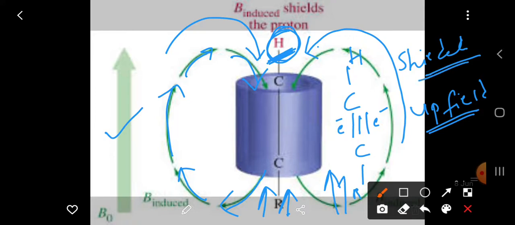The shielding effect is also called the upfield effect, because the induced magnetic field direction is opposite to the external magnetic field direction, so this proton feels less external magnetic field and you need to increase it. So this proton is called a shielded proton, and this effect is called the upfield effect.